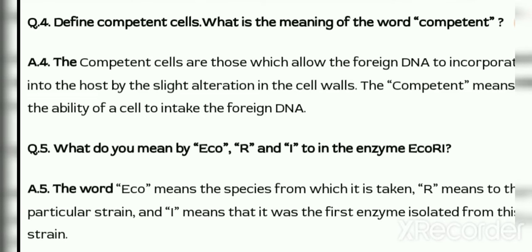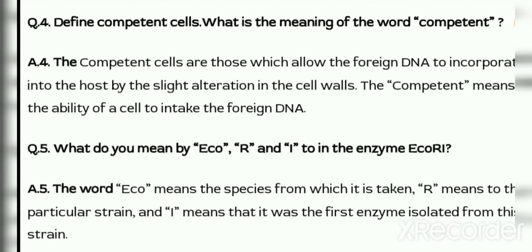Fourth question: define competent cells. What is the meaning of the word competent? So the answer is, the competent cells are those which allow the foreign DNA to incorporate into the host by a slight alteration in the cell wall. Competent means the ability of a cell to take in foreign DNA.